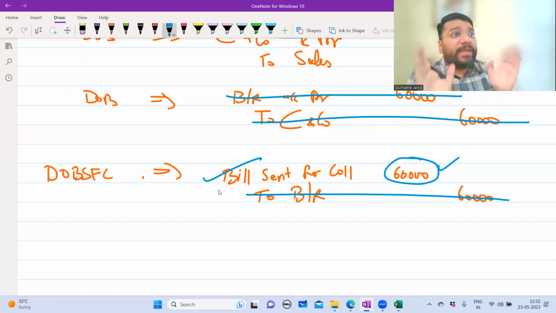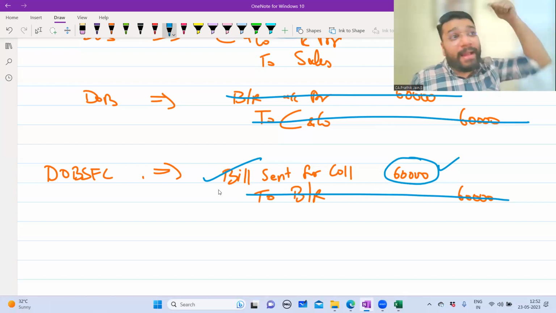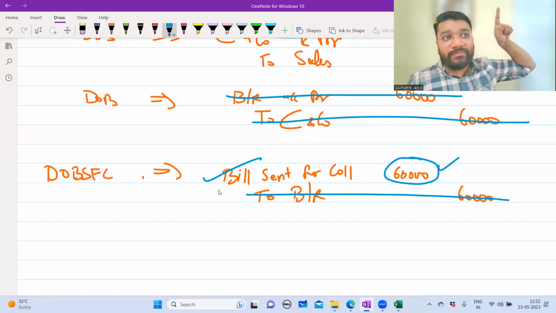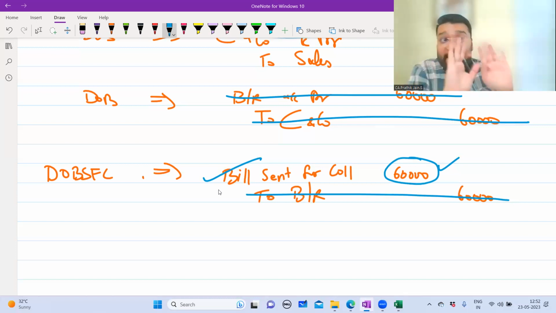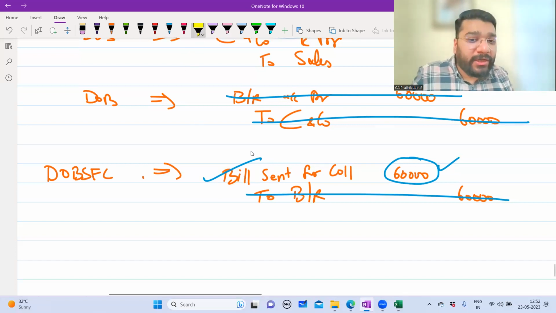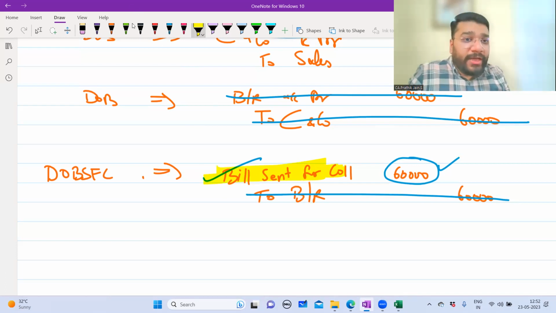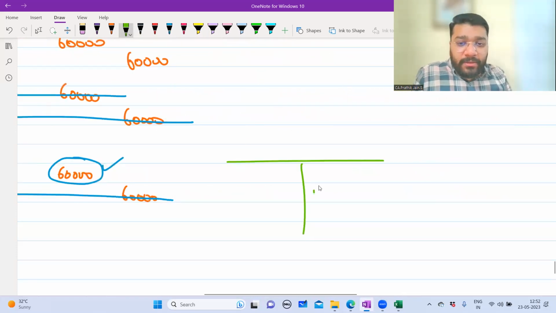You get my point? If you put even the Bank of India name here, it is as if you are recording the amount in the bank account. That will be wrong, because here we have only sent the bill for collection. Money has not yet come. So we are creating a new intermediary account called bill sent for collection account. Until I receive this money, in the balance sheet on the asset side, bill sent for collection 60,000 will keep pending here.